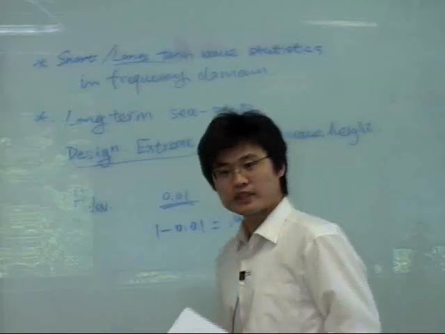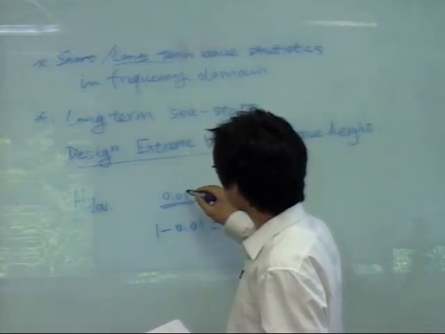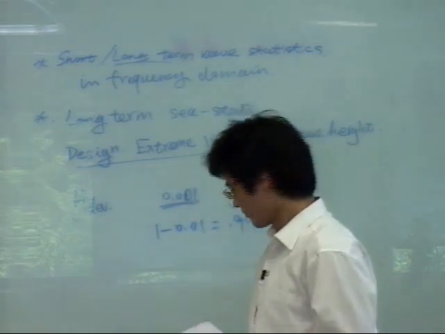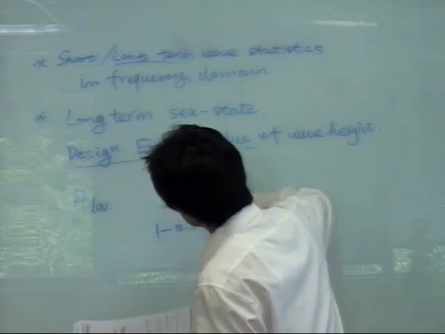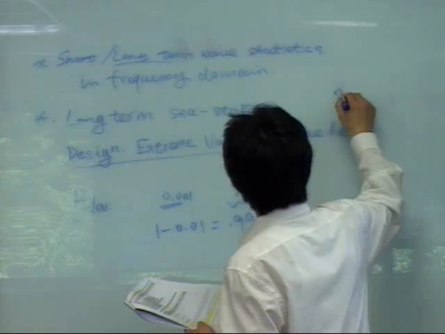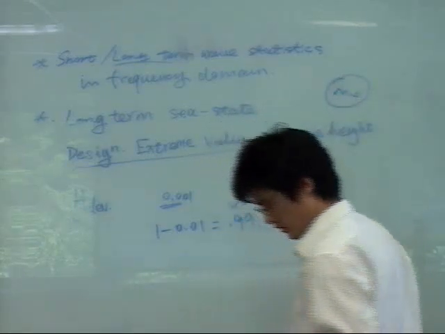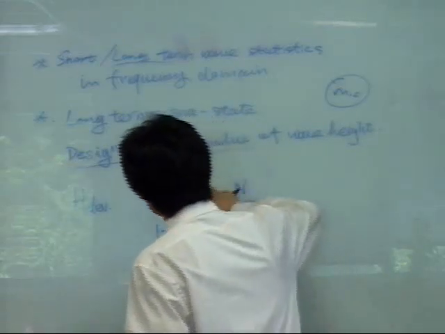Of course, you can make stricter requirements, like 0.01, right? But as you will find out, this value is not as important as the M now, which I will show you later. Okay, let's say this is 0.01.